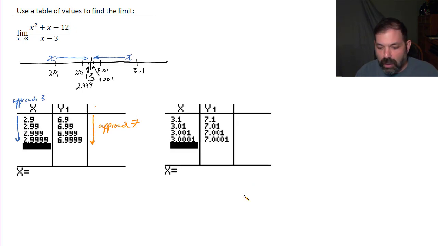All right, and again, what I see is my x values approaching 3 and my output values approaching 7. This is numerical evidence that the limit as x approaches 3 of x squared plus x minus 12 over x minus 3 appears to be 7.